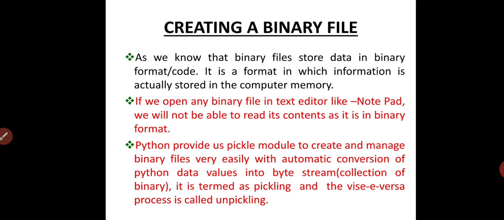Conversion of Python data into a byte stream is called pickling, and conversion from a byte stream to Python data is called unpickling. So the pickle module does the automatic conversion of Python data, and we are going to learn how it is used for creating and managing binary files in Python.